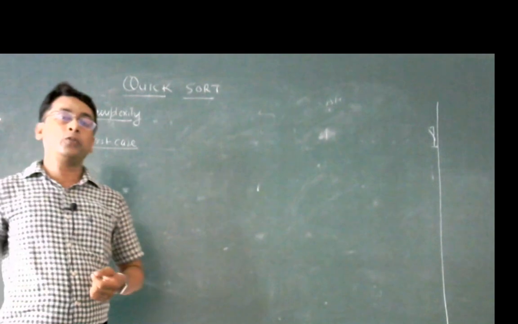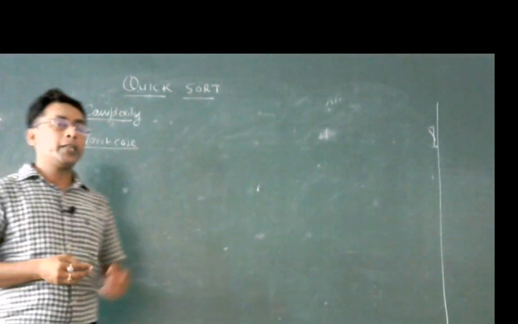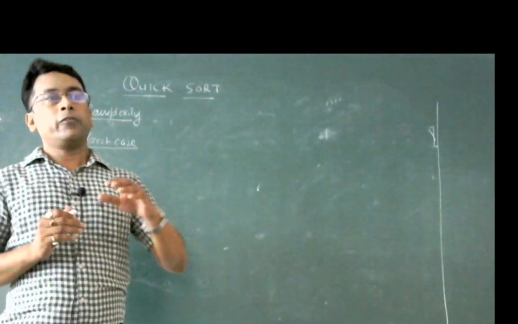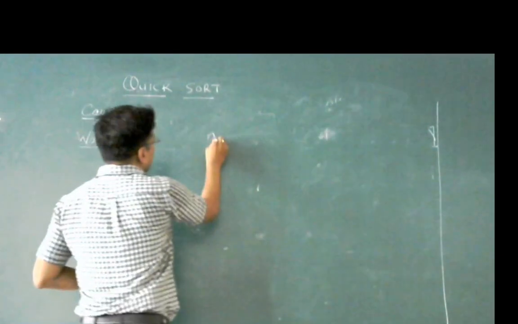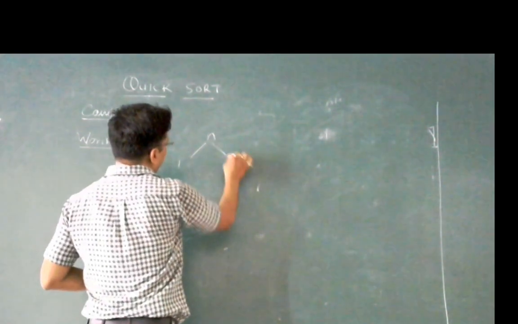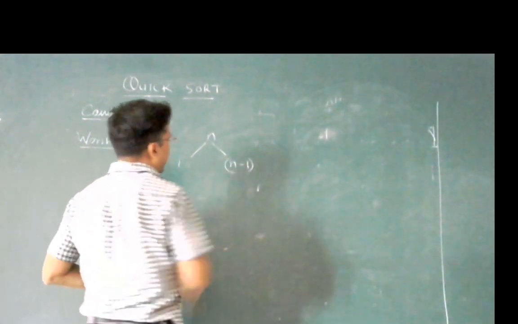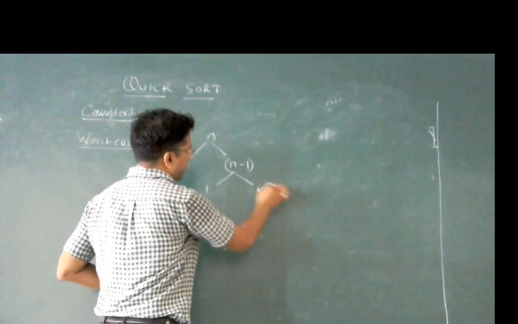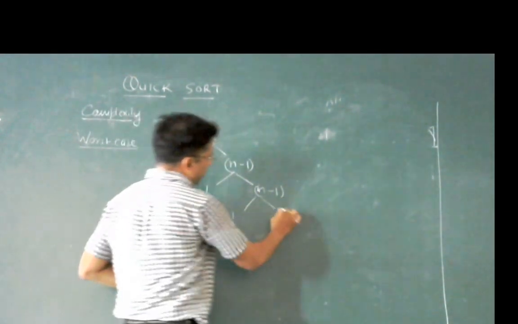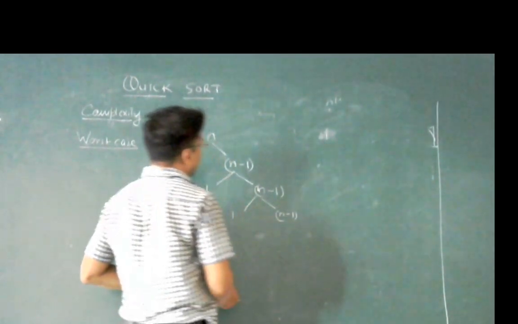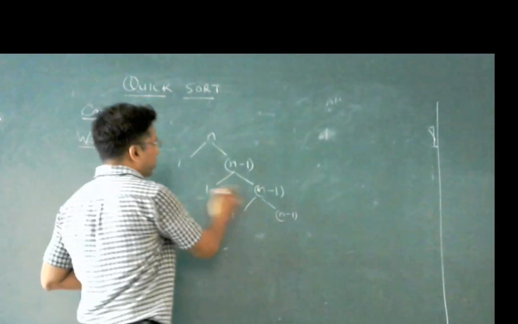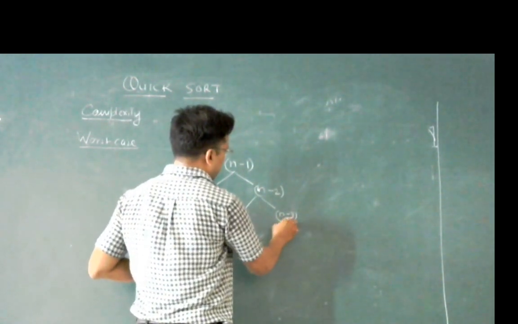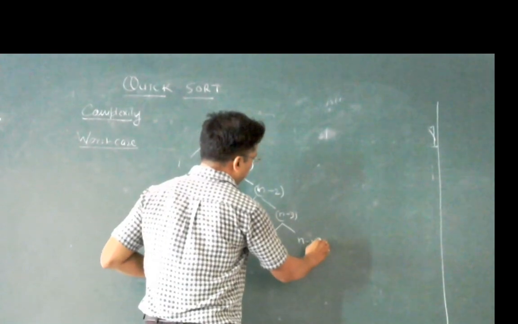Suppose we took the pivot element in such a way that it partitioned the array into two partitions, one side with one element and the other side with n minus 1 elements, and each time we perform the partition we get a similar condition every time. This reduces it every step: n minus 1, n minus 2, n minus 3, and n minus 4, like this.